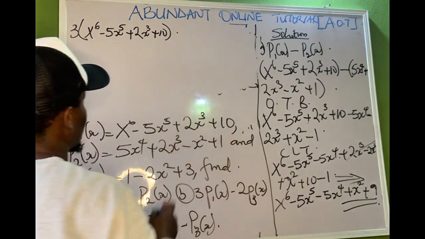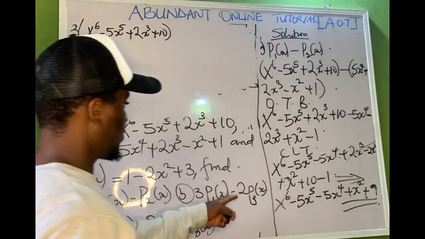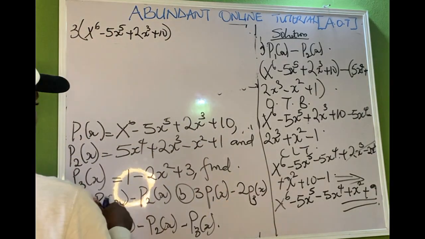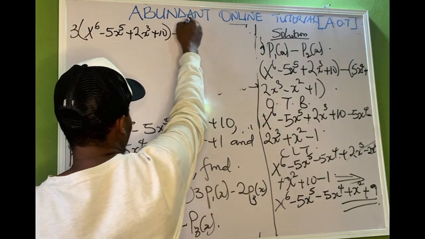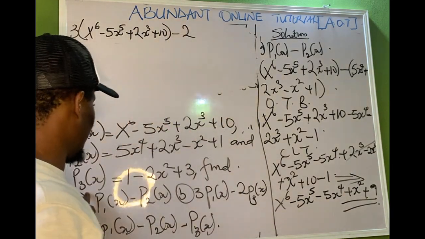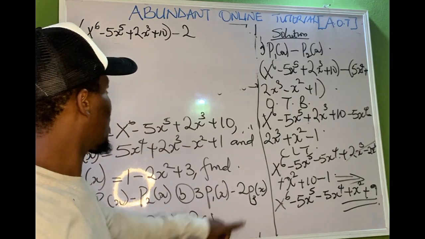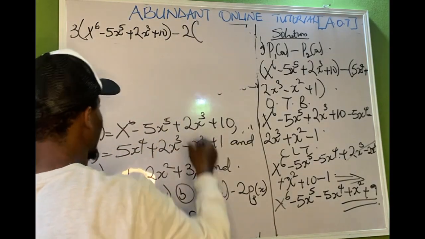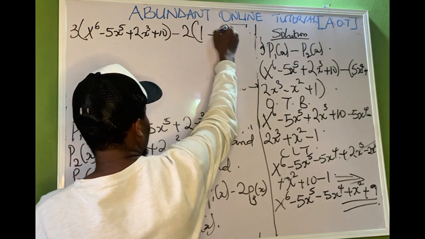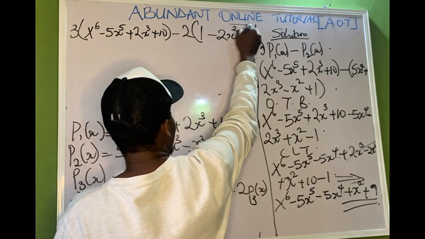Then my p3, remember we have 2 here, so we put the 2 and open our brackets. Our p3 is 1 minus 2x squared plus 3.